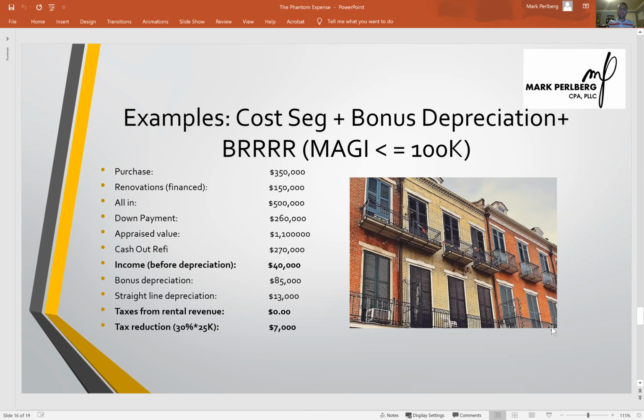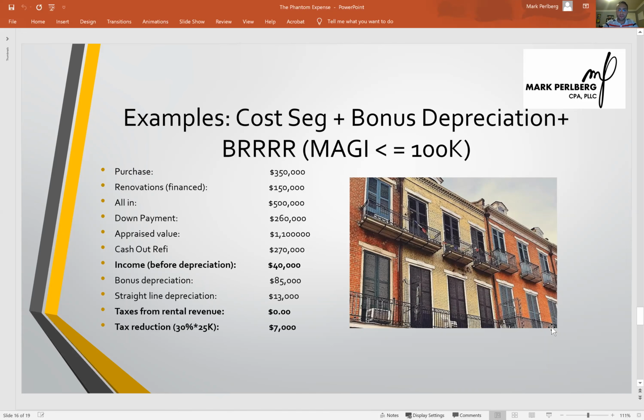Now, let's just say that the income before considering depreciation is $40,000, right? And we do the cost segregation study. And these are some estimates I made on guessing what the bonus depreciation is because I've looked at many cost segregation studies so I got a good feel for what it's going to look like. So in this instance, let's say that we can create bonus depreciation of roughly $85,000.